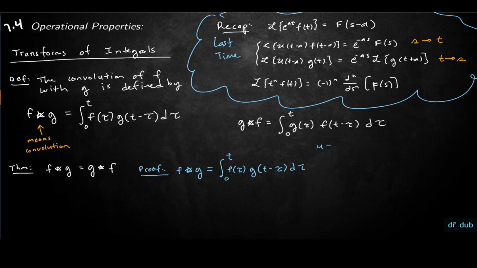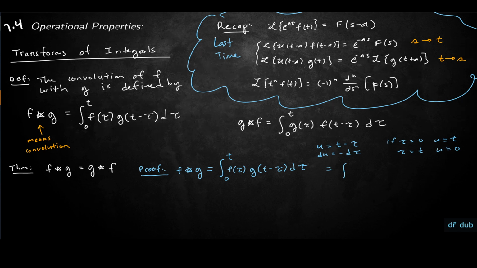and I'll let u equal t minus tau, and then du equals negative d tau. And if tau equals 0, u equals t, and if tau equals t, u equals 0.